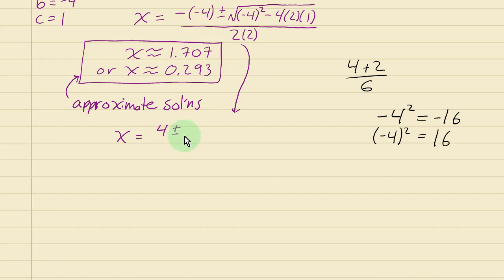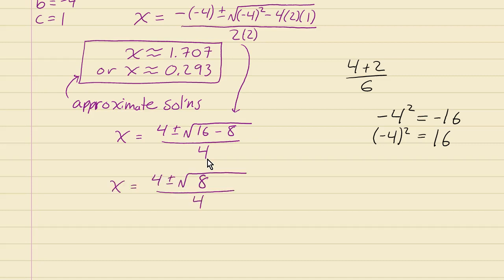We have that plus or minus the square root of negative 4 squared, which is 16, minus 4 times 2 times 1, which is 8. Divided by 2 times 2, which is 4. And 16 minus 8 is 8. And 8 is also 4 times 2. And I say that because you can take the square root of the 4 and the square root of the 2 separately.